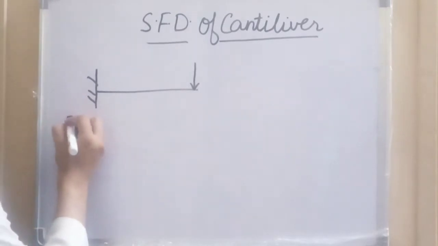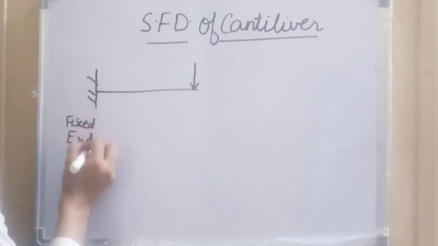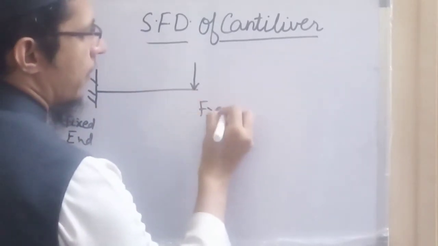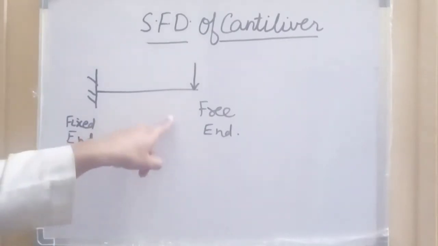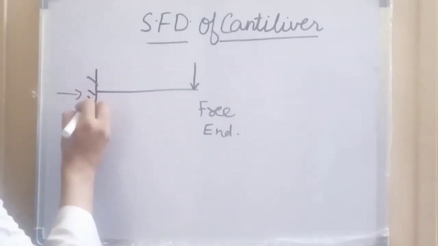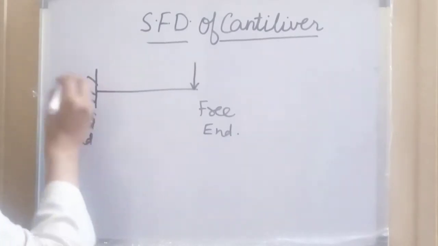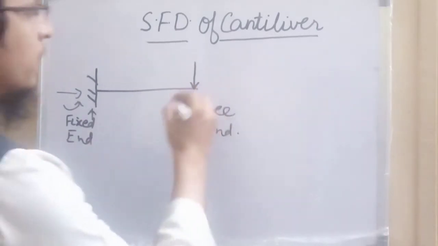This is the fixed end and this is the free end. In case of a cantilever we start from the free end because at the fixed end we have support reactions, horizontal, vertical and moment, which we don't know in advance. So we will start with the free end.